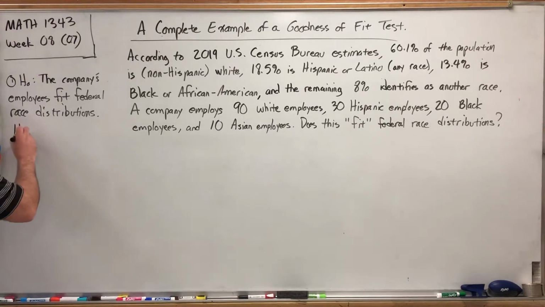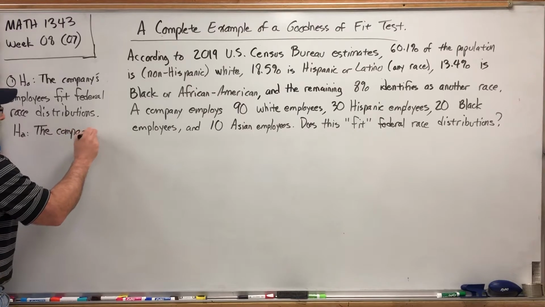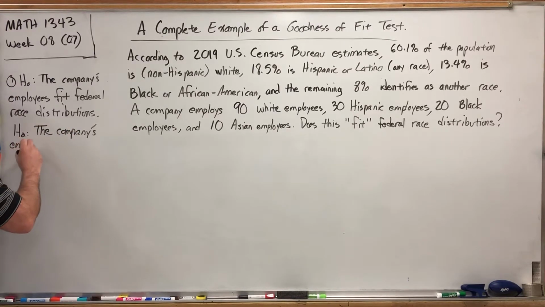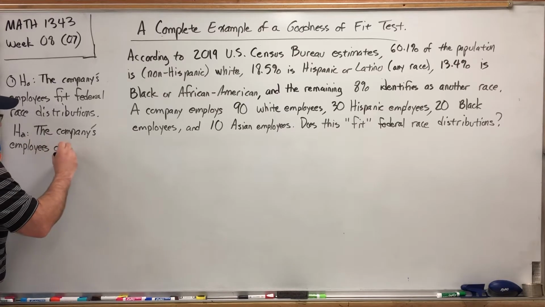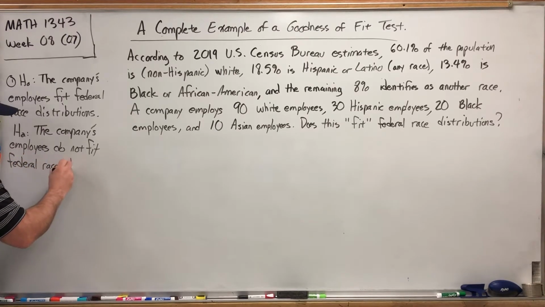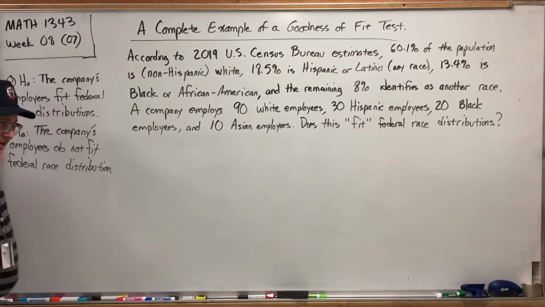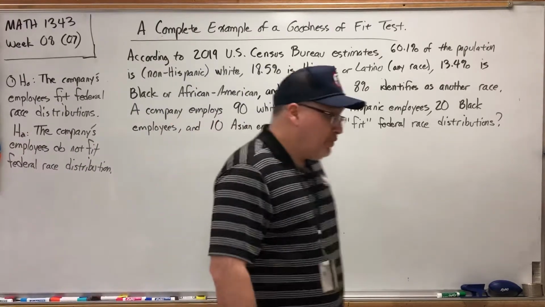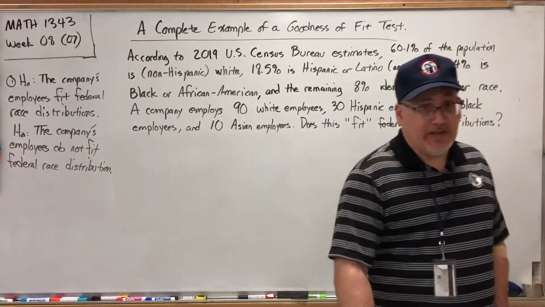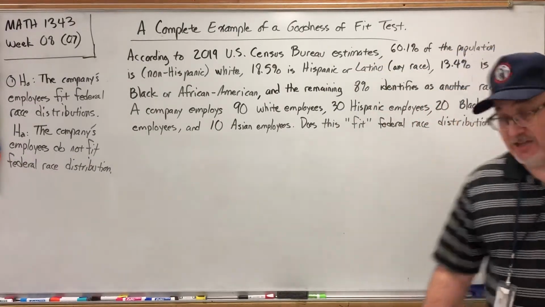And the alternative would pretty much say the company's employees do not fit federal race distributions. Or however we would word it. Just try to find a good way of saying it fits or it doesn't. The super generic way is that the sample fits the population claim and the sample doesn't fit the population claim. But I don't want hypotheses as vague as that.